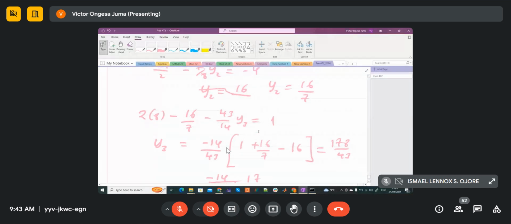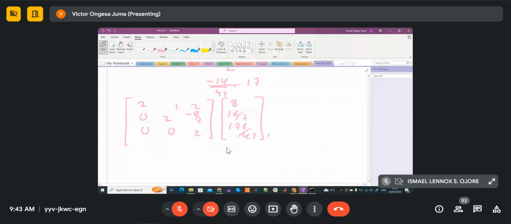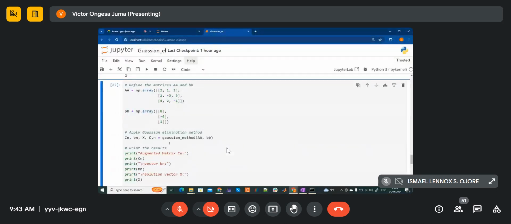You check this other value, so you can go back and check. Just go through this. I highly doubt whoever is saying that, but we can stop here. Just let me write it down. I highly doubt if this gave us a wrong solution.